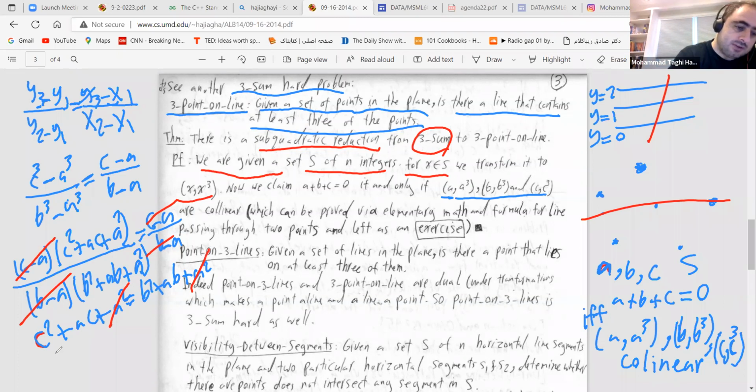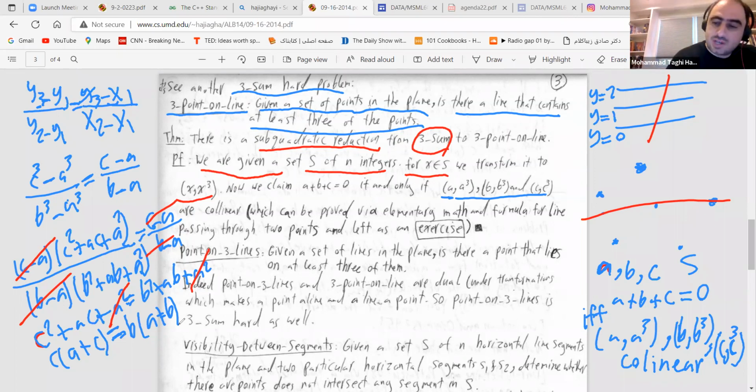Then we can write these as c times a plus c is equal to, and the other one we have b times a plus b.